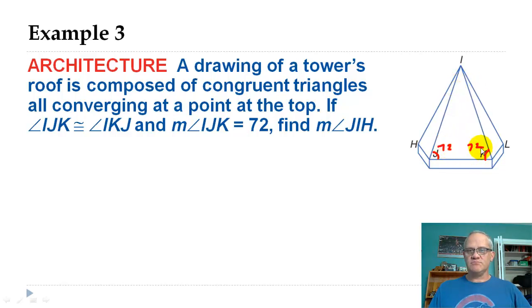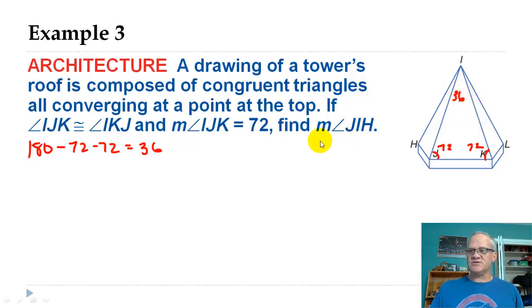How many degrees are there? 180. So if I have 180 degrees in that triangle and I subtract those two angles, minus 72, minus 72, I will get 36. So this angle up here is 36 degrees.